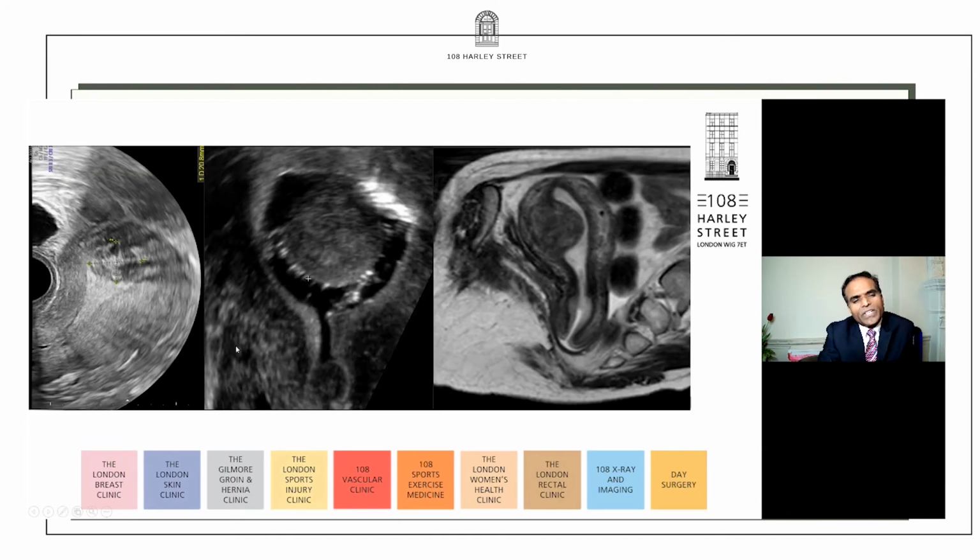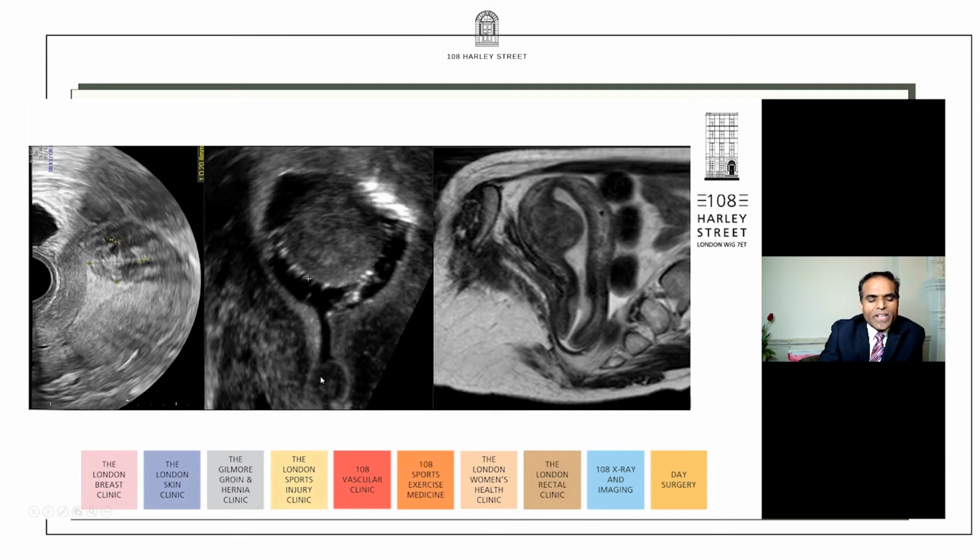So these are the 3 investigative modalities available in the UK as of now. One on the left side is ultrasound. The ultrasound is showing a type 0 submucosal fibroid, and the rest of this triangular configuration is the uterine cavity. It is situated right at the top of the uterus, attached to the fundus.